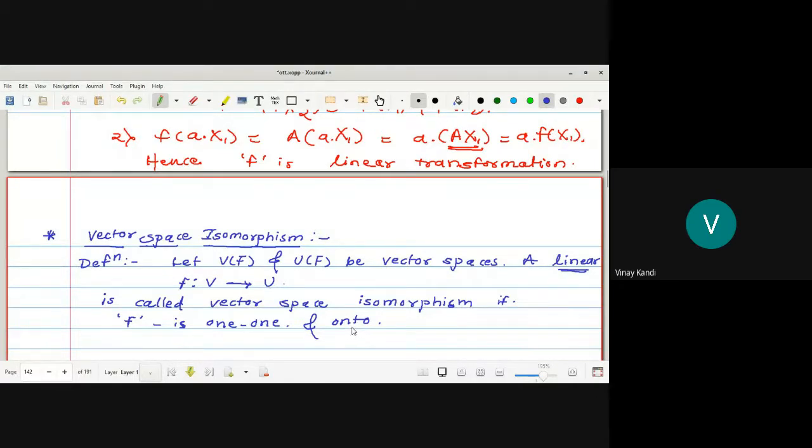What is a vector space isomorphism? Let V over F and U over F be vector spaces. A linear map F, F must be linear, remember it, F must be a linear map, is called a vector space isomorphism if F is one-to-one and onto.